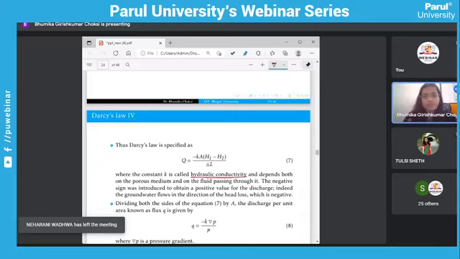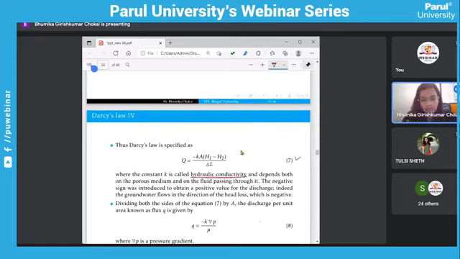Okay, thank you. So we are taking the proportionality constant K as hydraulic conductivity, and all three can be written together by equation number 7. So this is our main governing equation.